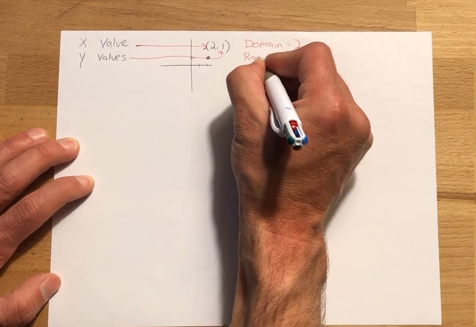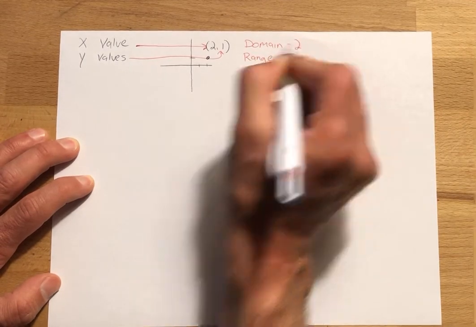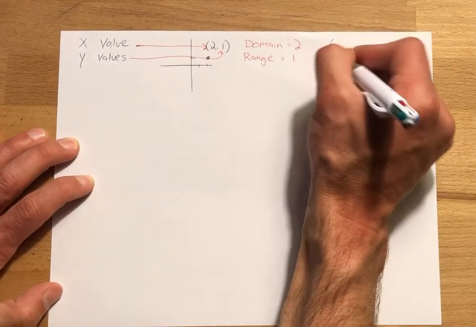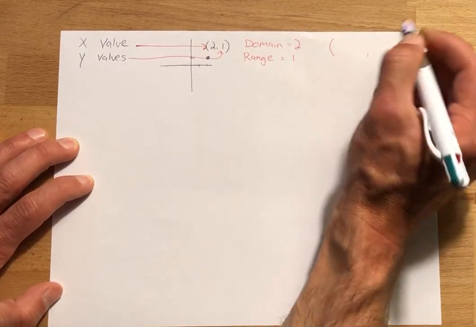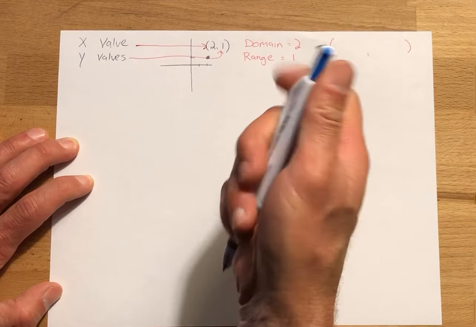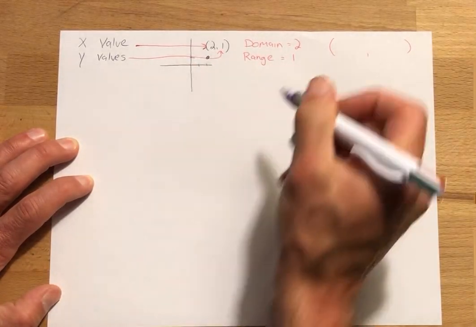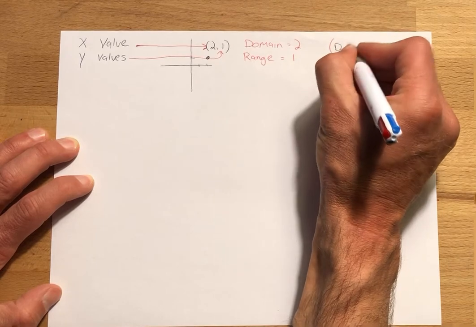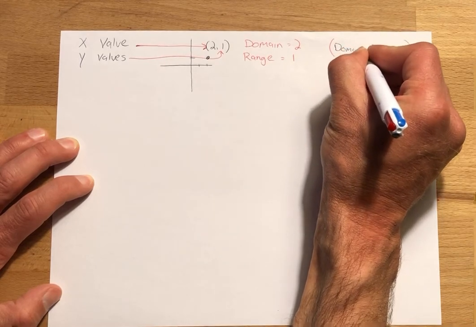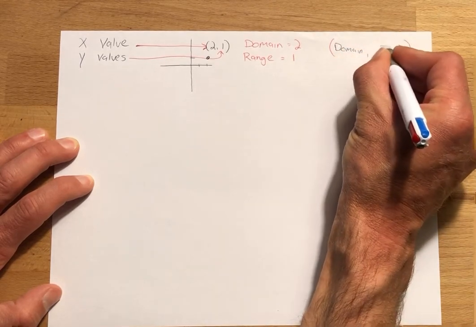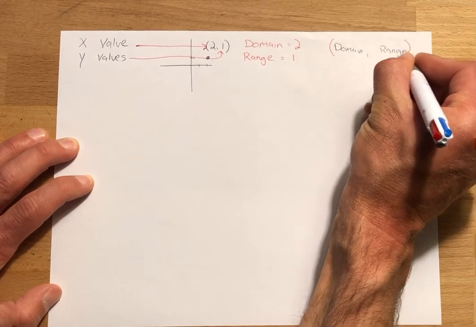Your range is equal to 1. So whenever you have a coordinate or a set of coordinates, or anytime you're talking about an xy coordinate plane, think of your x as always your domain and your y as always your range.